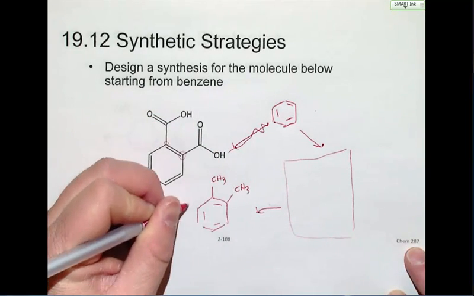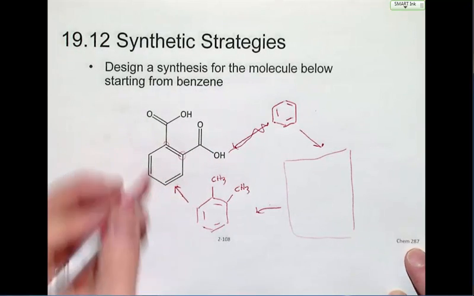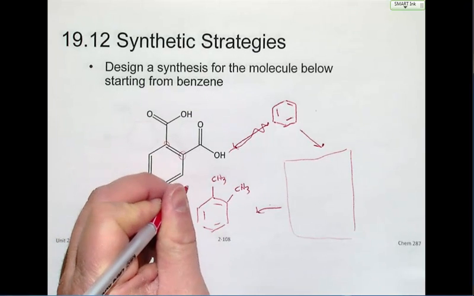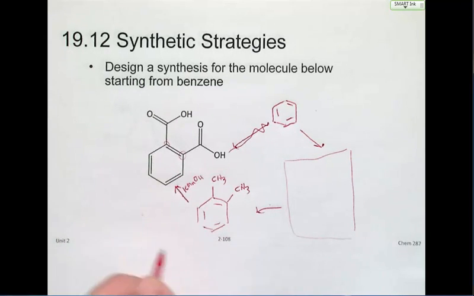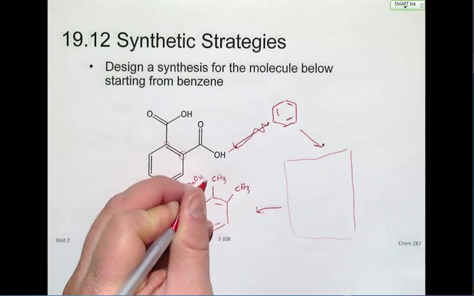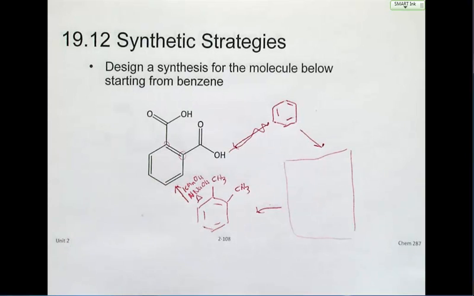You do know a way to go directly from this to the dicarboxylic acid. That's KMnO4 under basic conditions, NaOH, heat. There are other conditions for that, but I just picked that one. So that's oxidation of side chains, which we covered at the end of chapter 18. Okay. So then we just need to figure out how to put those two methyl groups onto the benzene ring. What's the problem with that?